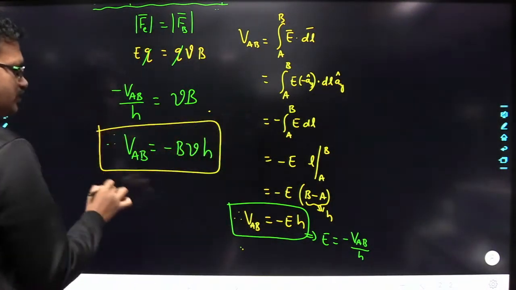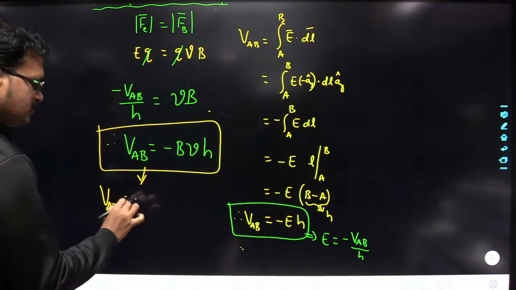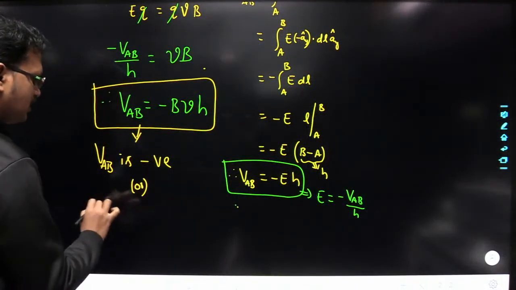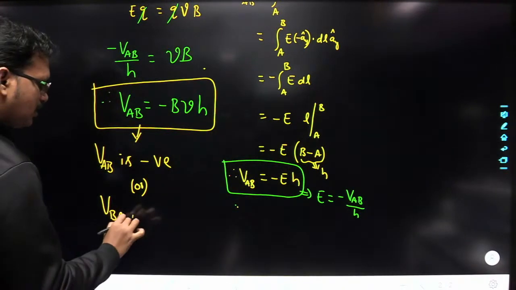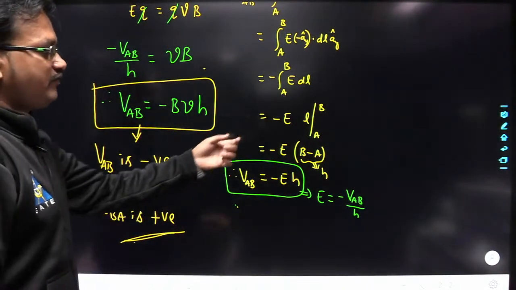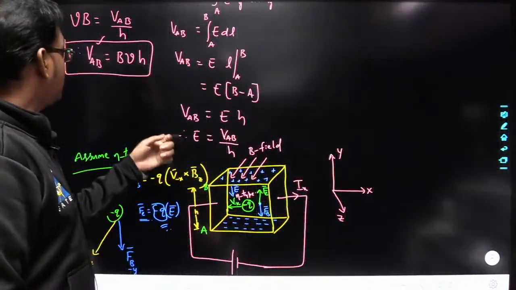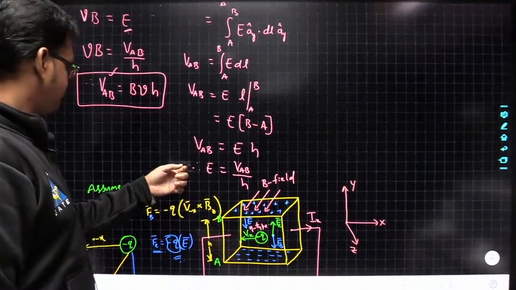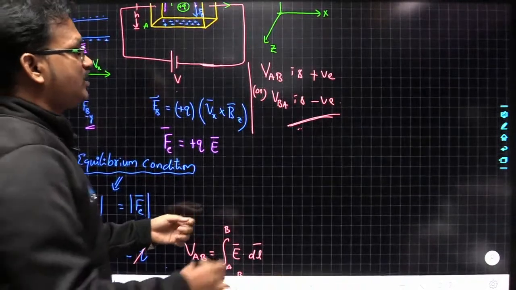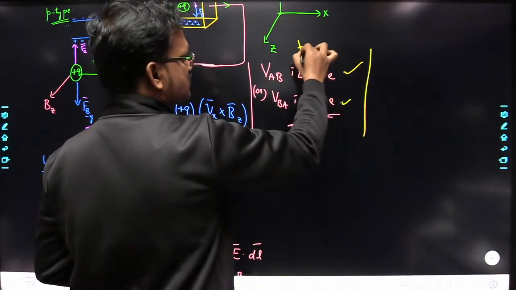Now what did we get here? VAB is negative, or I can say VBA is positive. In the previous case, when we assumed p type, we got VAB positive or VBA negative. That is for p type.